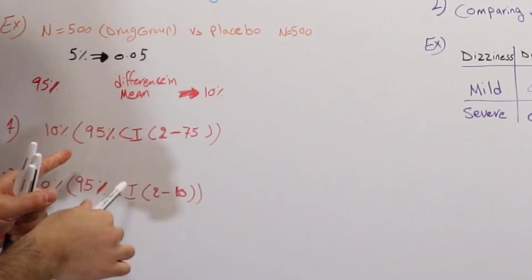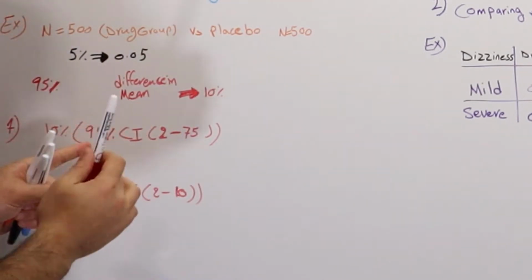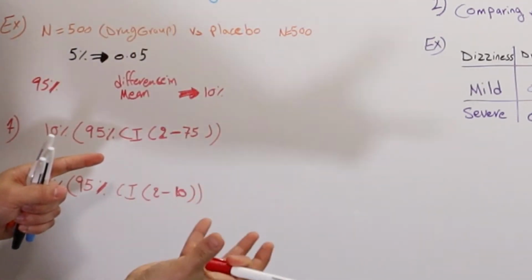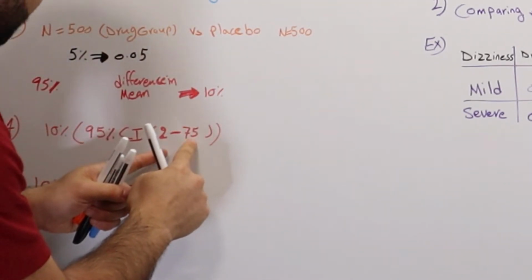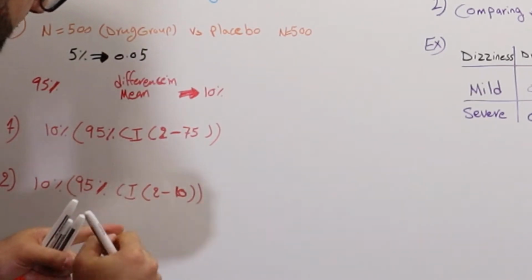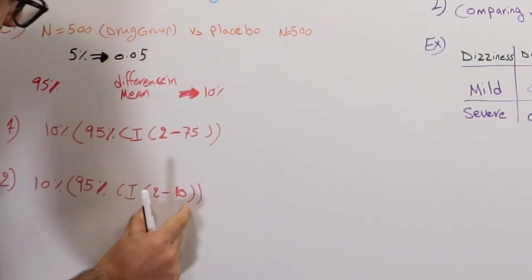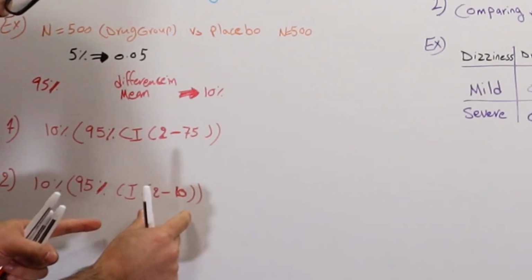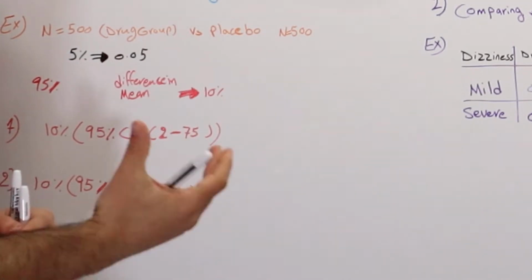In comparison between the two, here we have 95%. The researchers are confident that their value or accuracy is between 2 to 75. Here we're saying it's 2 to 10. The reason I'm mentioning this is that the narrower the range, the better. It means that the researchers are more precise in terms of the results.